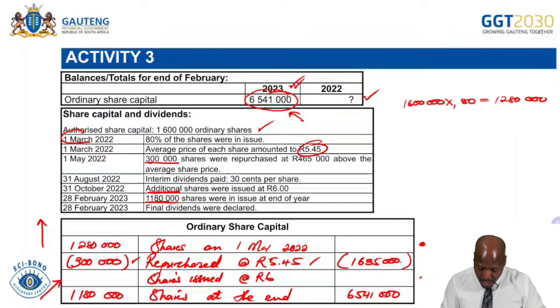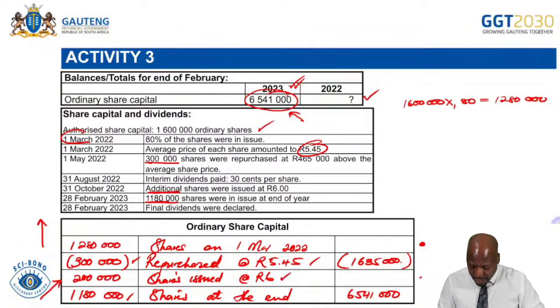In other words, I'm going to take my 1,180,000 plus the 300,000 minus the 1,280,000. Once you do that, how much do you get? You get 200,000 shares. Then your 200,000 shares were issued at 6 rand. That gives you what? 1.2 million.